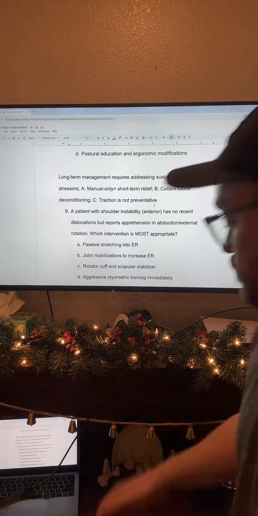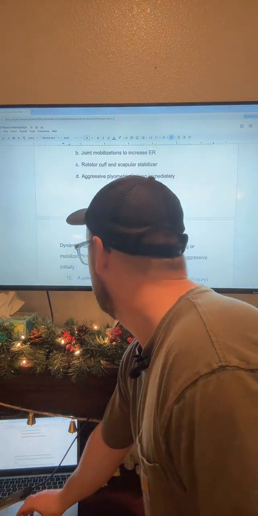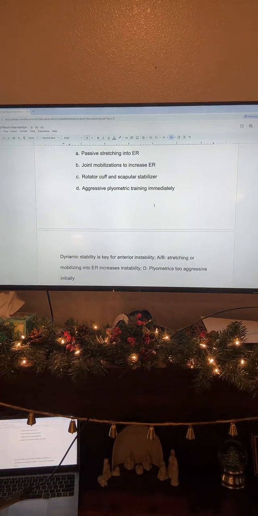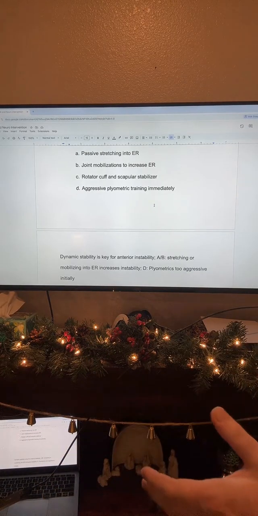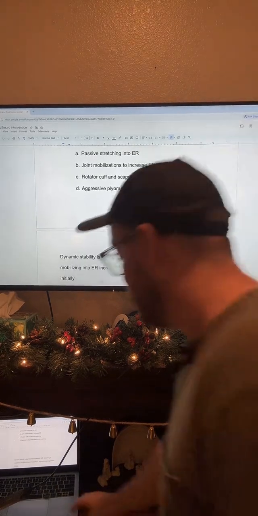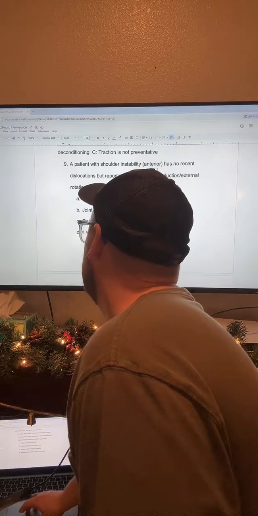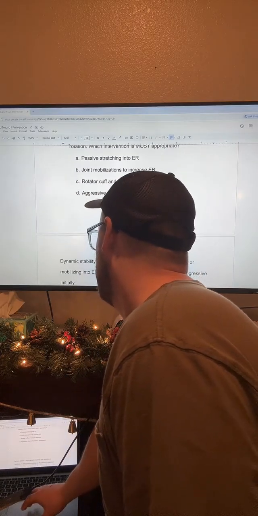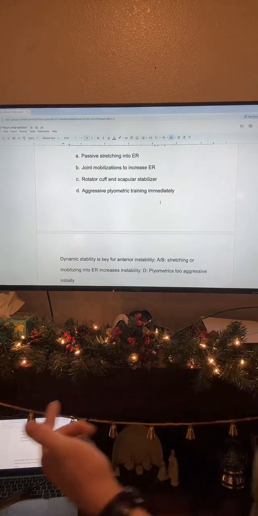Okay, so it looks like most of you have answered. Dynamic stability is key for anterior instability, right? And so making sure that we're building up dynamic stability, which means muscle strengthening. The problem with anterior dislocations and anterior instability is that you don't have the static stability to keep your humerus in the glenoid fossa.